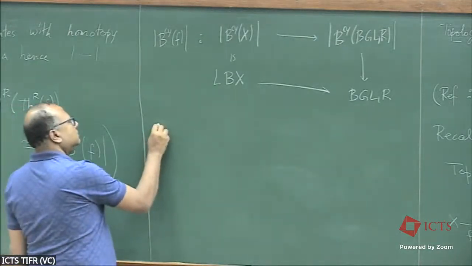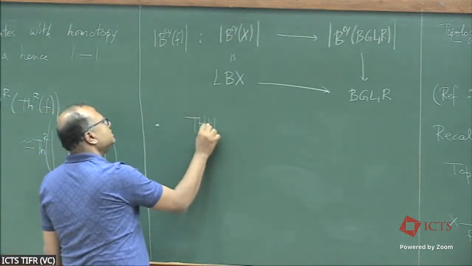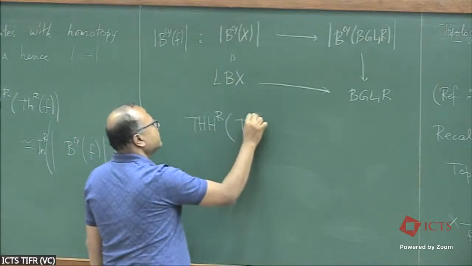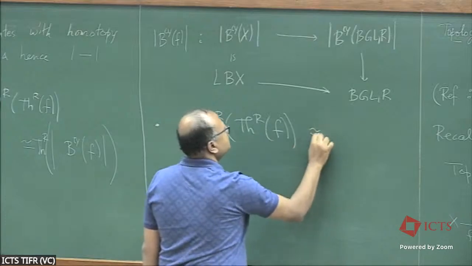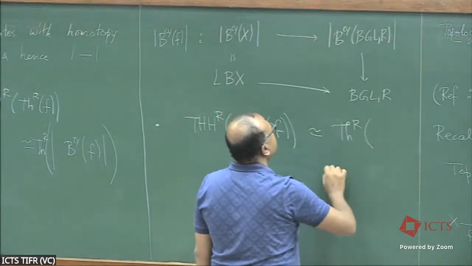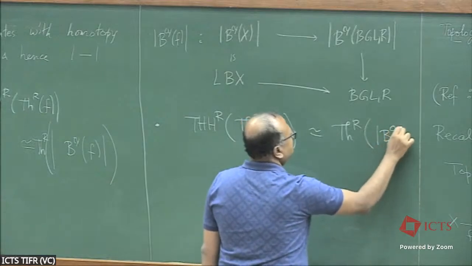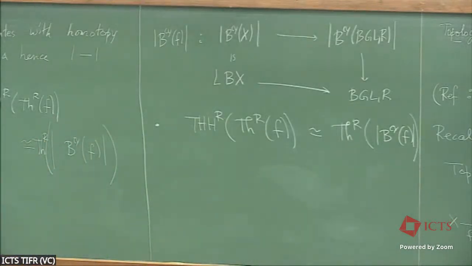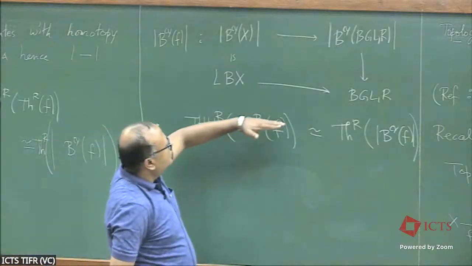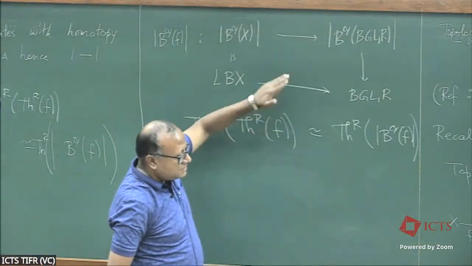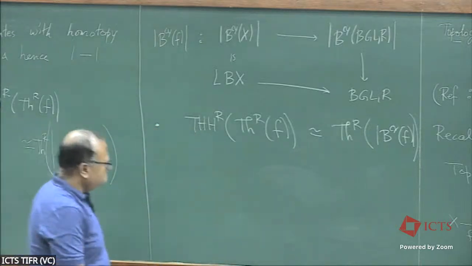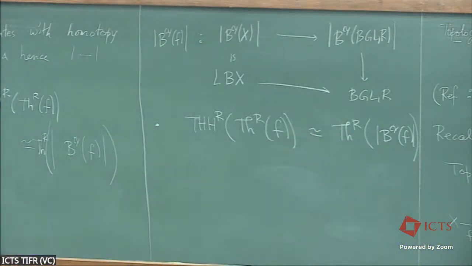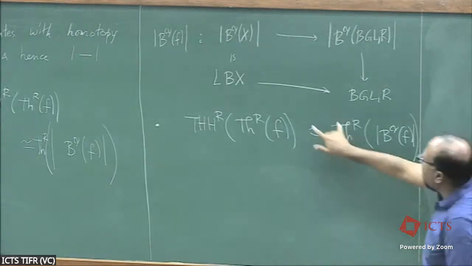So we get THH of the Thom spectrum of F is the Thom spectrum of this CY of F. Okay. But still, to make this computationally useful, we have to identify what this map is in a slightly better form. So let's do that. So now we seek to identify what this map is.